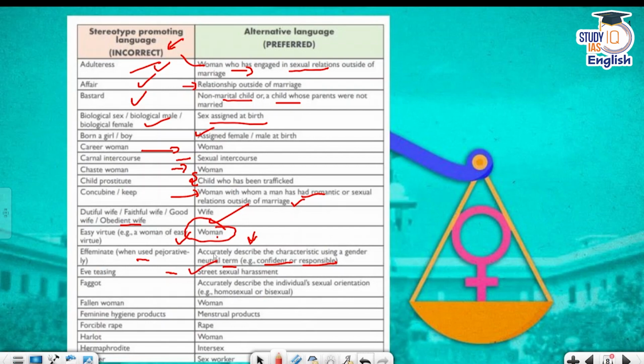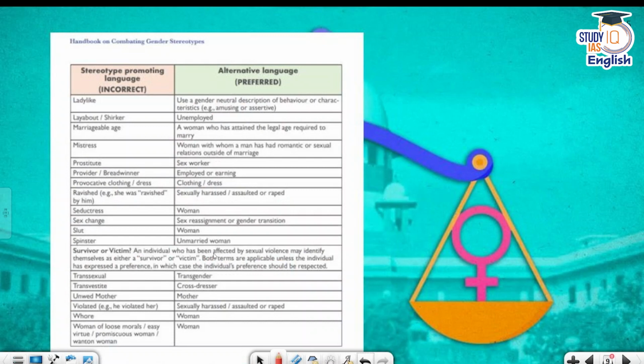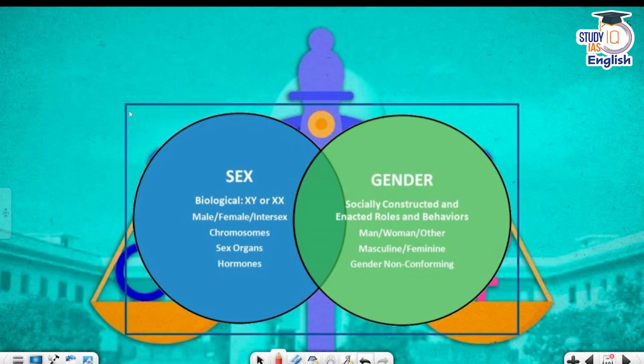So thereafter, this is showing us that even the Supreme Court wants to change. Ladylike is actually using a gender neutral descriptive of behavior or characteristic like amusing or assertive. Layabout or shirker is unemployed. So all these words which have been okayed by our society to define any person undermine their dignity. That is why they shouldn't be used.